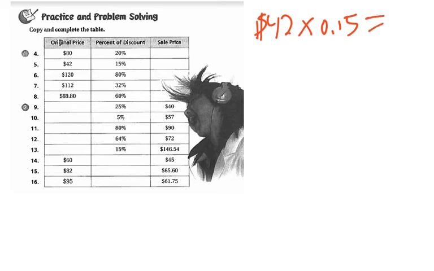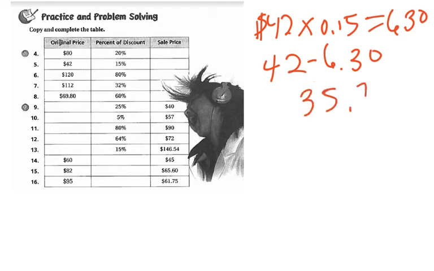If I pop that in my calculator, I take $42 times 0.15. I get $6.30. Then I need to take that $42 and subtract $6.30, and I'm going to get $35.70 is the sale price.